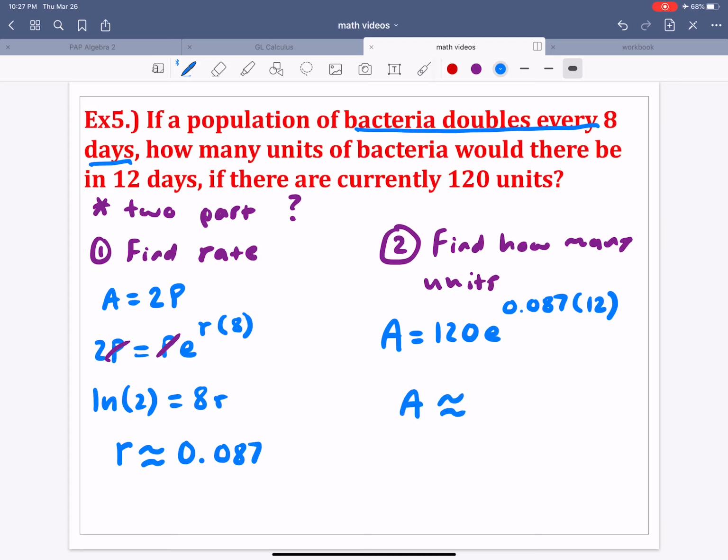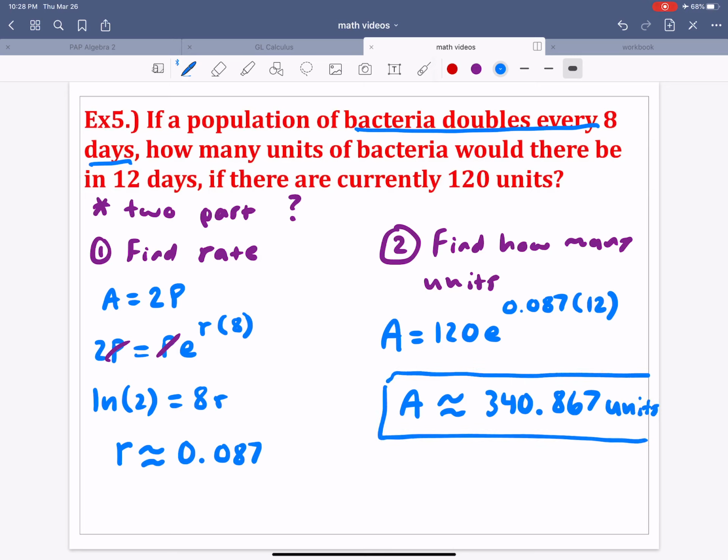You don't even have to take the natural log of anything. You just plug and chug in your calculator. Plug this in, press enter, and see what you get. And you should end up getting 340.867 units of that bacteria after 12 days.